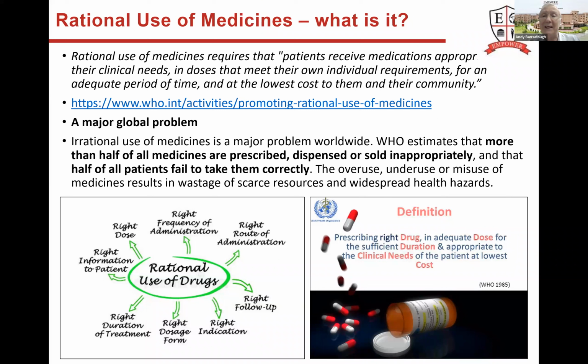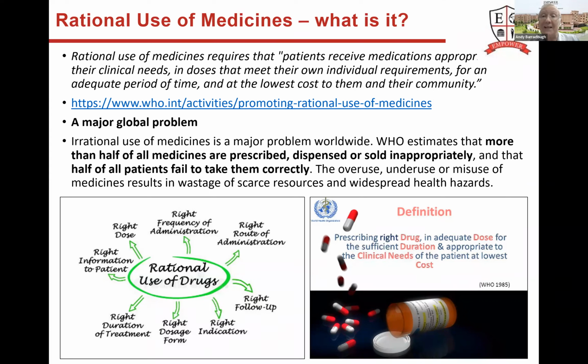A little bit of a debate. In the past, the definition was the lowest cost. We tend not to use that anymore because that means the cheapest, and that's not always the case. We talk about total cost of ownership, so we're going to say the right cost. So that's all that rational medicine use is.